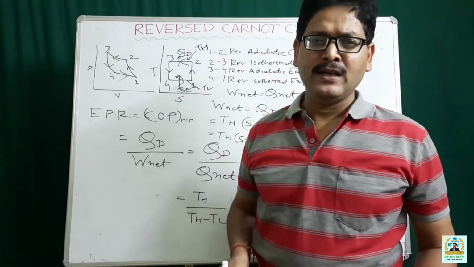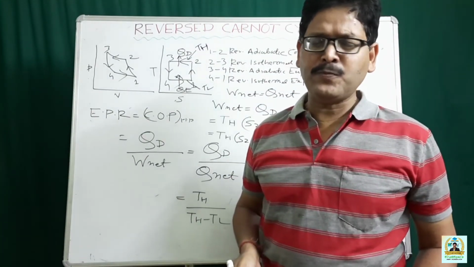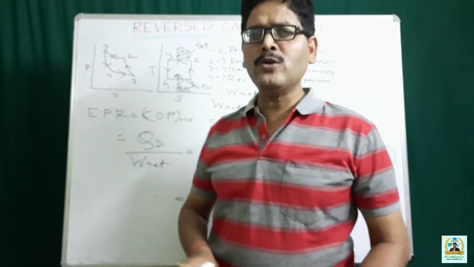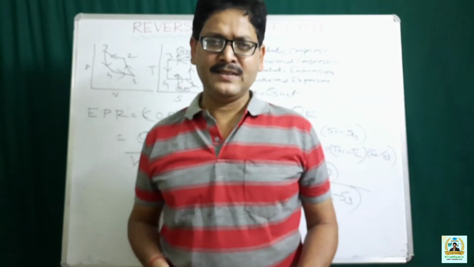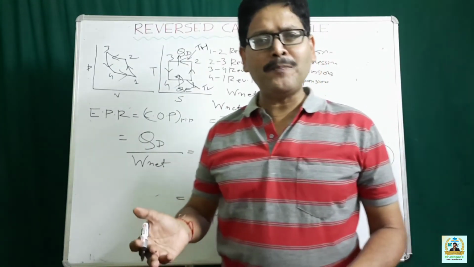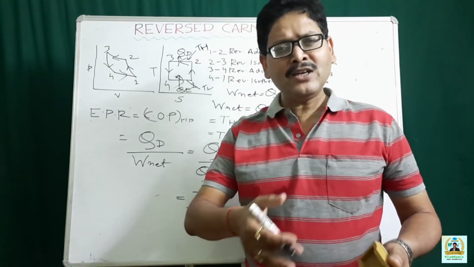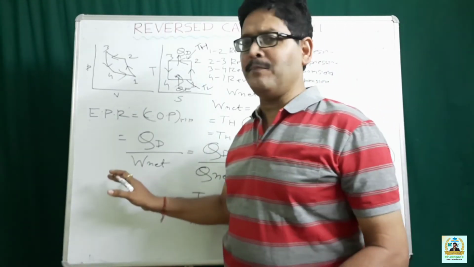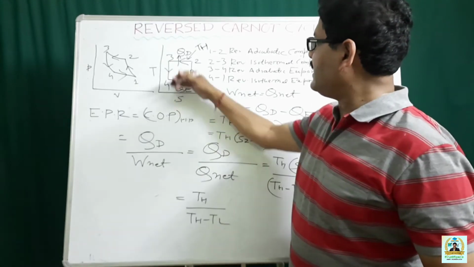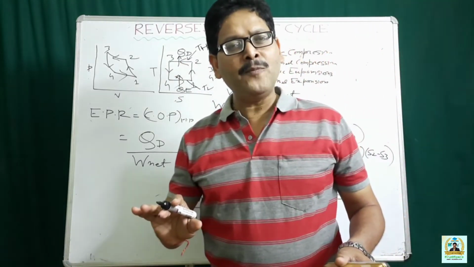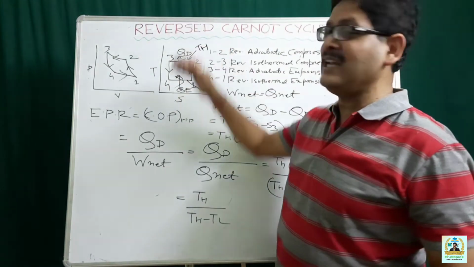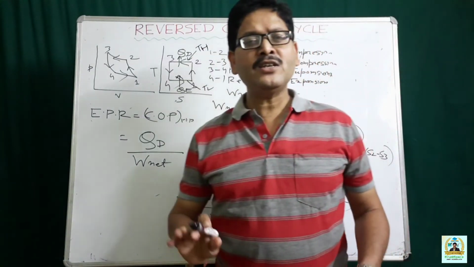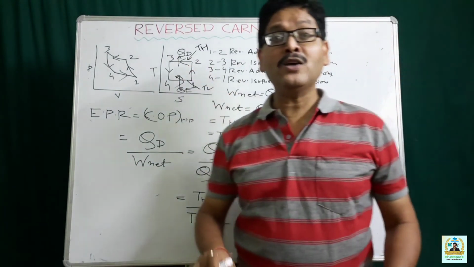So while computing the net work output or net heat input, we do not follow the same process, because in that case the heat that is supplied and the heat that is extracted will not be exactly same, because in this case the heat that is to be extracted will be of lower value and the heat that is to be delivered will be of higher value, because the heat delivered is the summation of heat extracted plus work done.